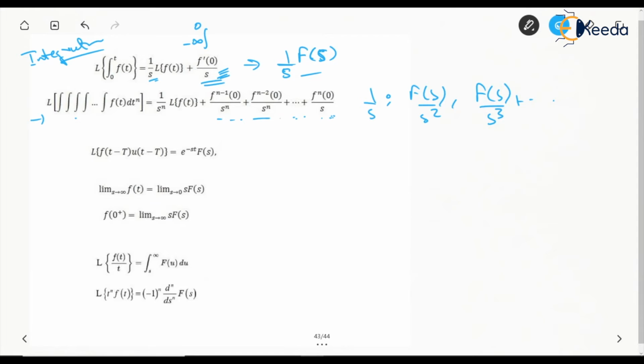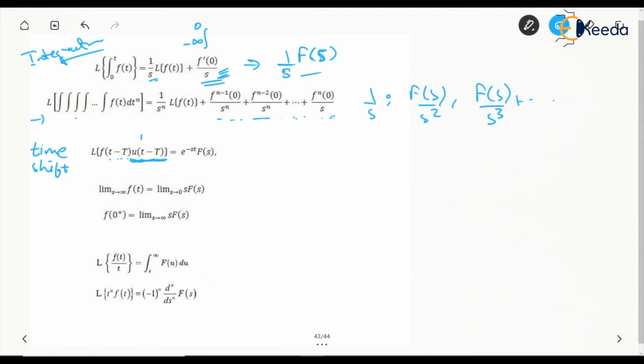Then comes the time shift. If we shift the time with t minus capital T, this is required or not required depends on which branch and what subject you are learning. You can take this as t, or you can take this as t minus T with t greater than 0. Electrical and electronics people will know what this is.